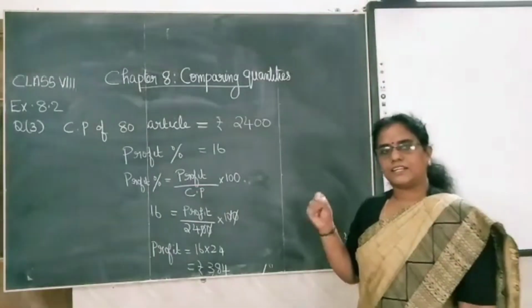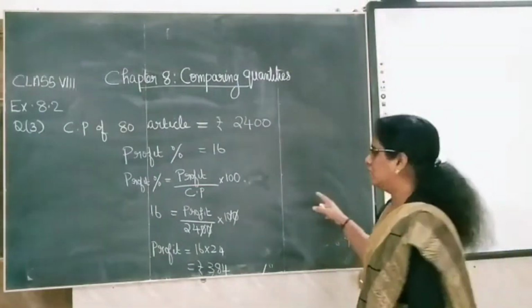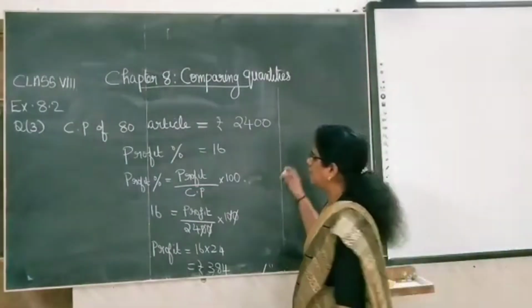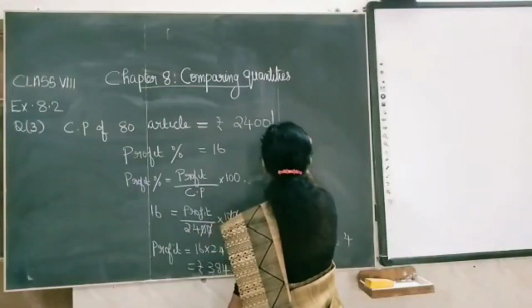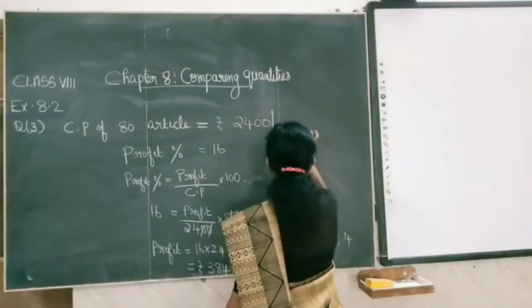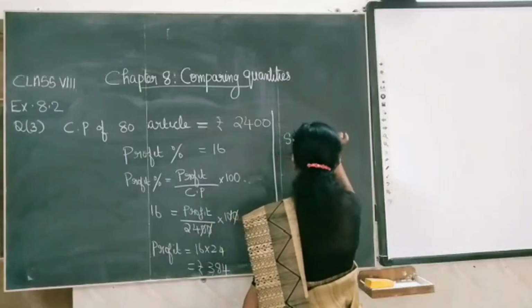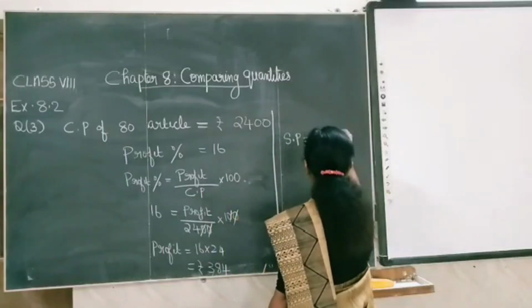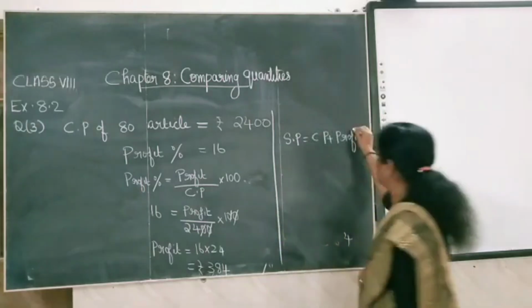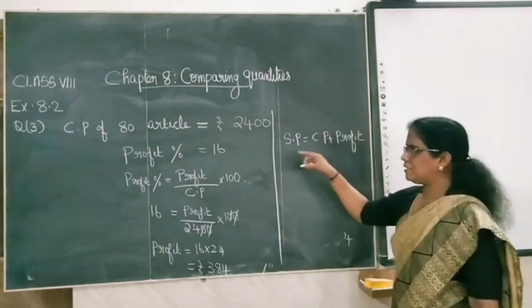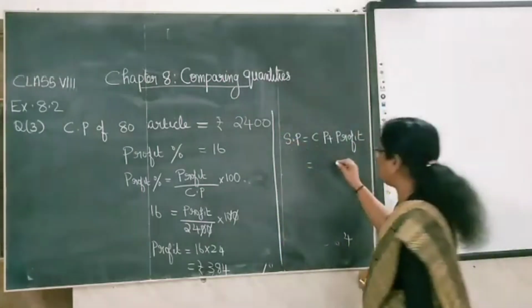If loss, then it is a negative thing, so minus. So from here we can find the selling price, that is SP equal to CP plus profit, and CP is 2,400.